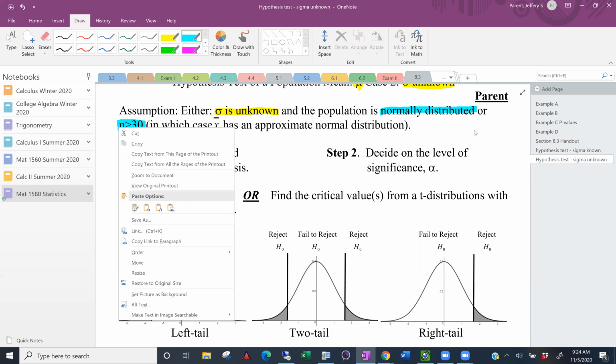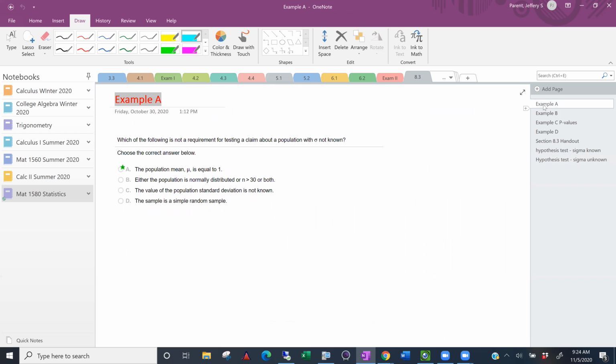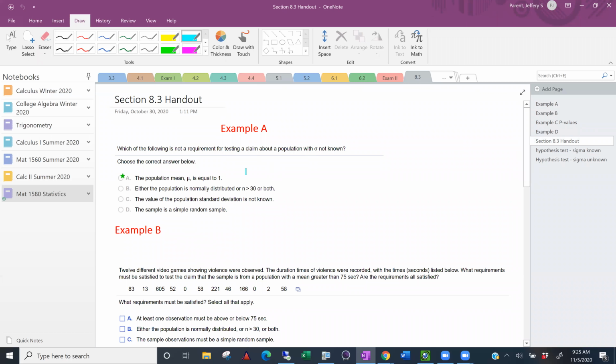Well, I think that's the point of the first example. Maybe we should just take a quick look at this one. So example A: which one of the following is not a requirement for testing a claim about a population mean with sigma not known? Unfortunately, I forgot to cross that out on your handout.